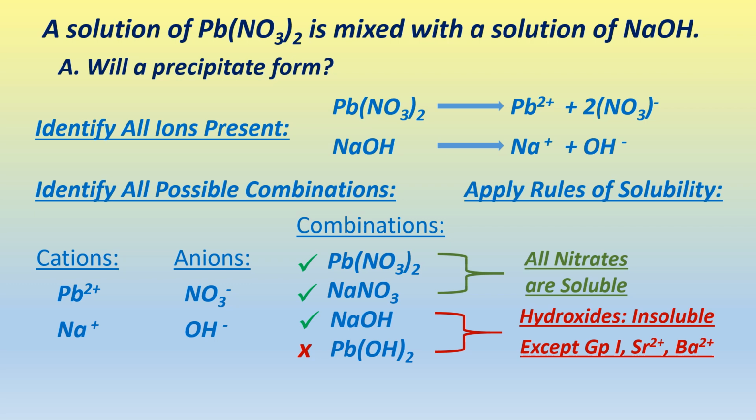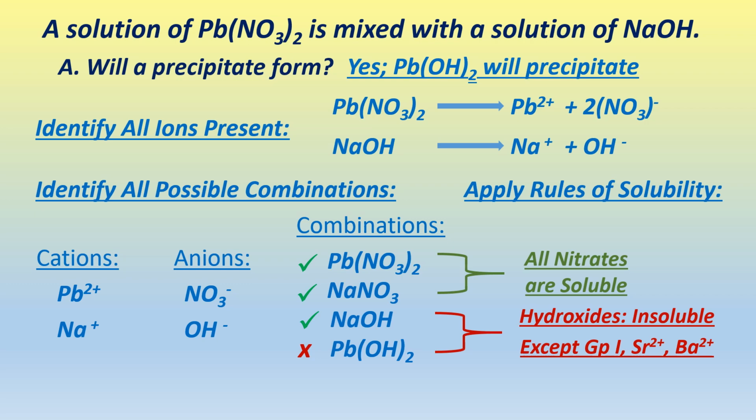So since sodium is in group 1, sodium hydroxide will dissolve. However, lead is not one of the exceptions, so lead-2 hydroxide will not dissolve, and the answer is, therefore, yes, I will get a precipitate. That precipitate will be lead-2 hydroxide.